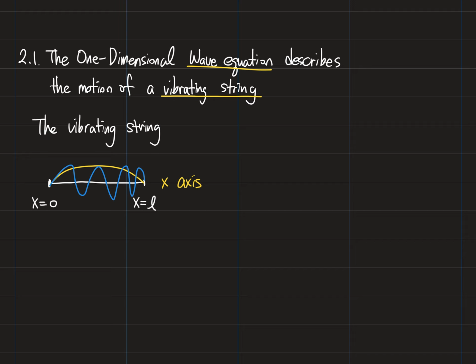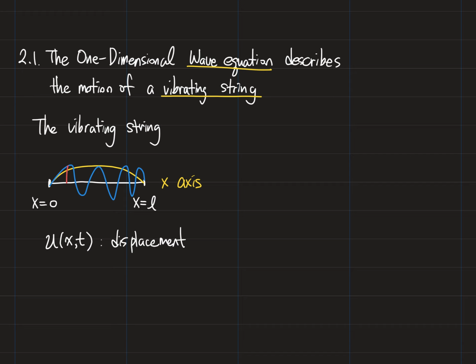Anyway, our goal is to mathematically describe the shape of this string as it vibrates over time. We can do this by defining a displacement function u, which depends on both the position along the string and the time evolution. This is the displacement, simply how much the string is displaced from the x-axis.